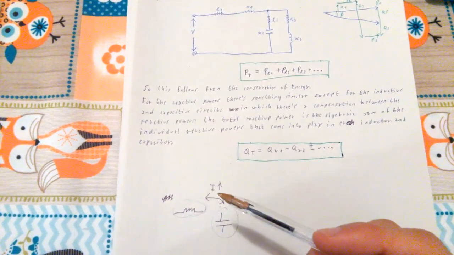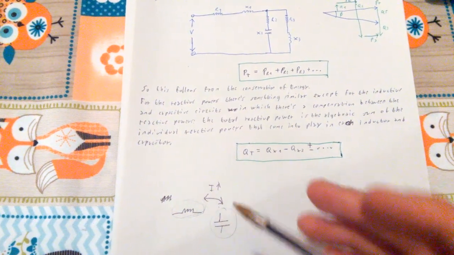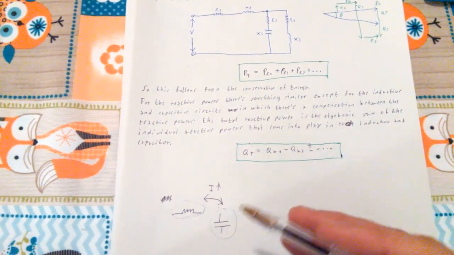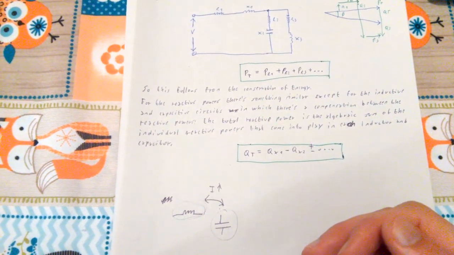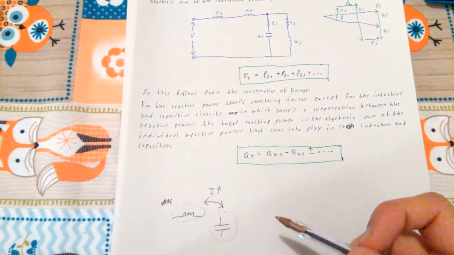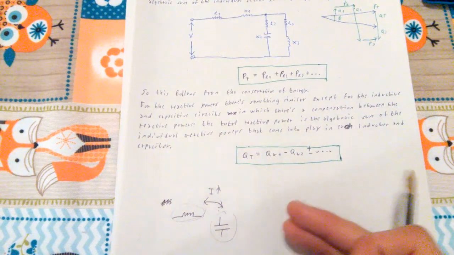Which basically means that the reactive power of the whole circuit is just the difference, or the algebraic sum, between the reactive powers, the inductive one and the capacitive one.